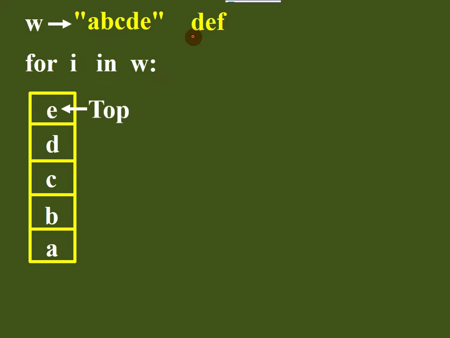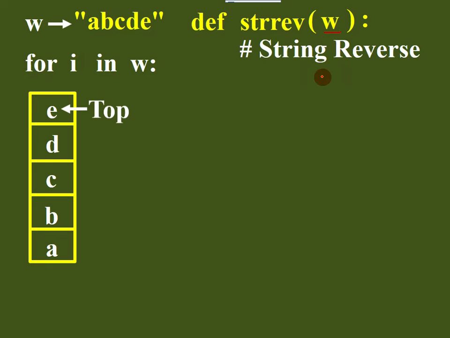To write a function, start with the keyword def followed by function name, parentheses and colon. The string that you want to reverse should be passed as an argument. Usually this is read in the main function, so that when you call this function it is passed as an argument. Certainly you need to write the docstring. Now retrieve each and every character present in this word.